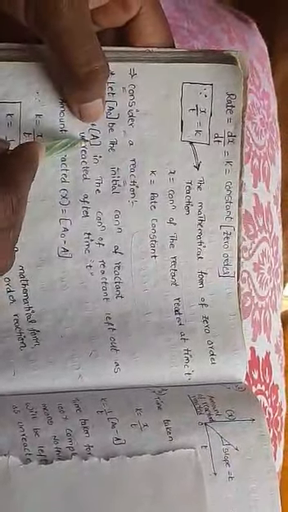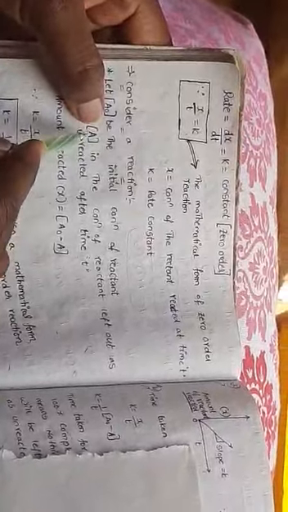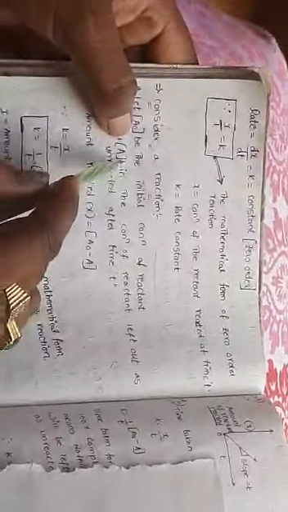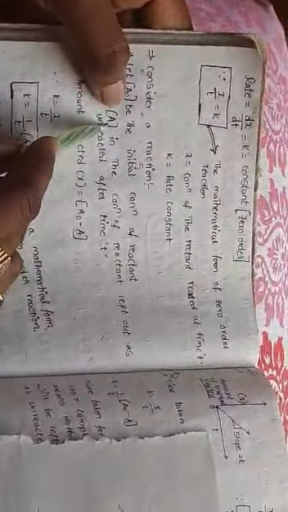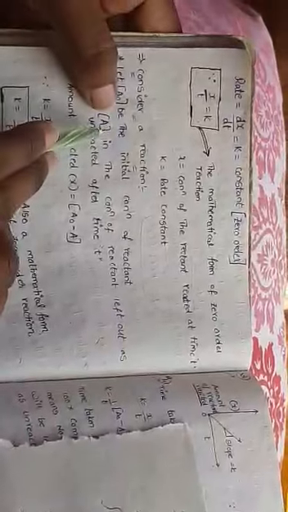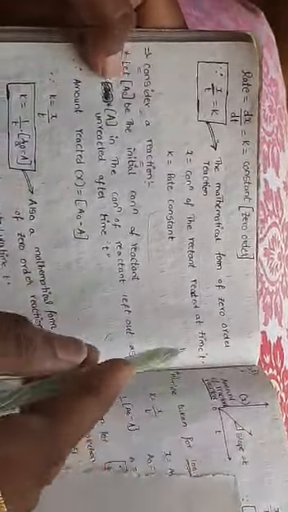A indicates the unreacted reactant concentration after time t, and A naught is the initial concentration of the reactant.